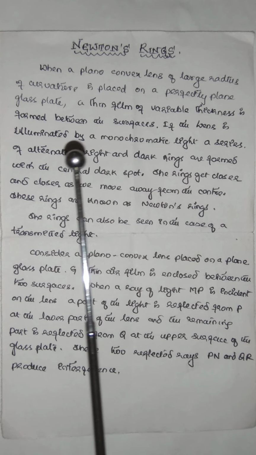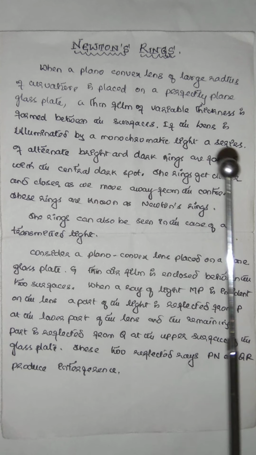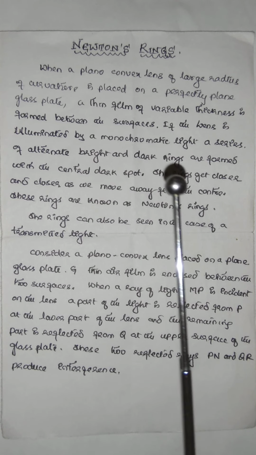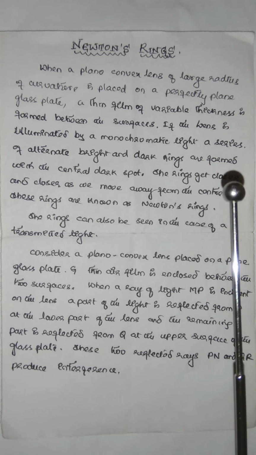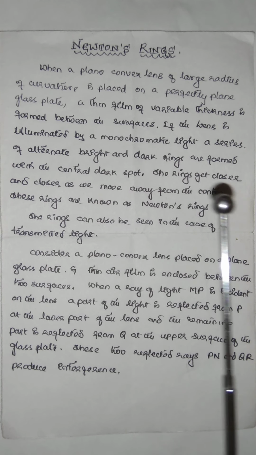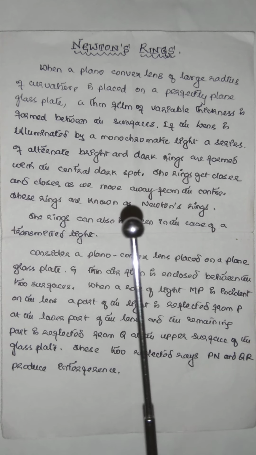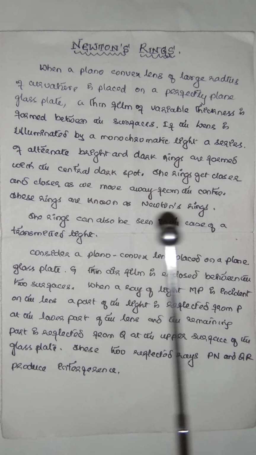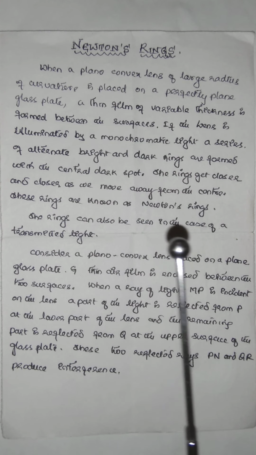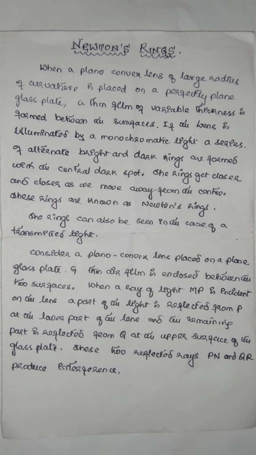If the lens is illuminated by a monochromatic light, a series of alternate bright and dark rings are formed with the central dark spot. The rings get closer and closer as we move away from the center, and these rings are called Newton's rings. The rings can also be seen in the case of transmitted light as well.